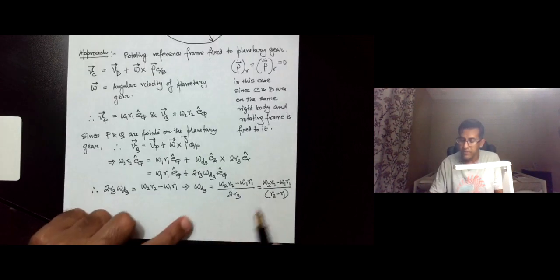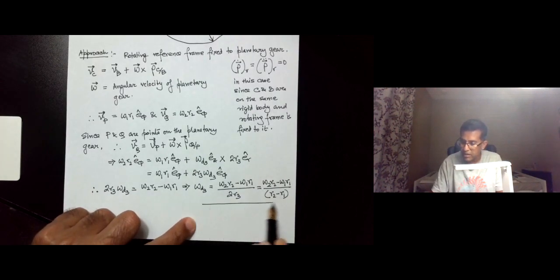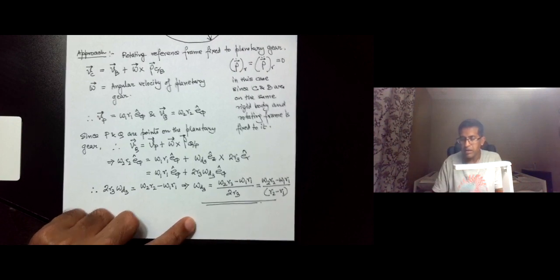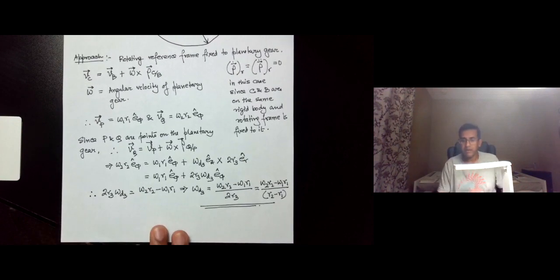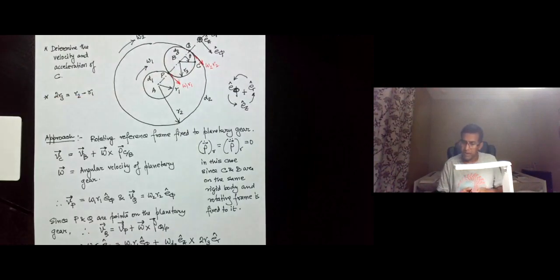Okay, so we have the angular velocity of the planetary gear. So it is this angular velocity that we were trying to find out, the net angular velocity of the planetary gear, and that is something that we have calculated.